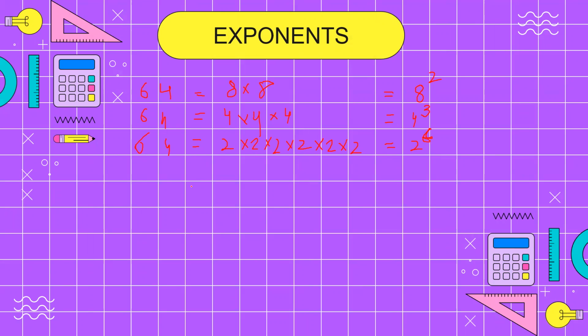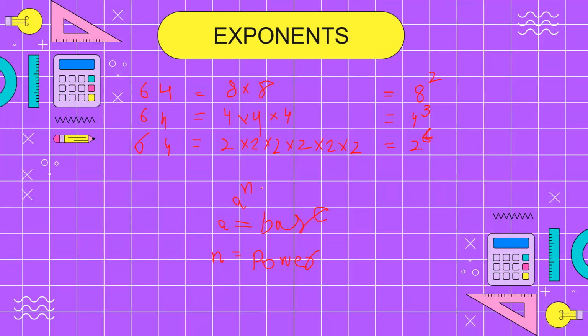So any number, when it can be written in a raised to power n form, where a is called the base of the number, right? And n is called the power of the number, or we call it exponent also.